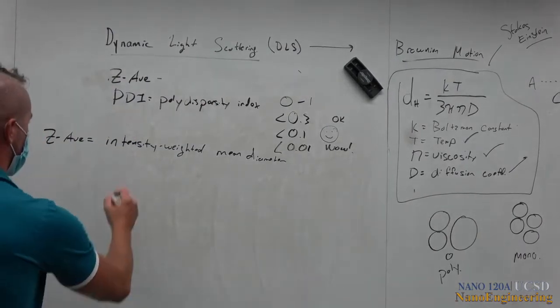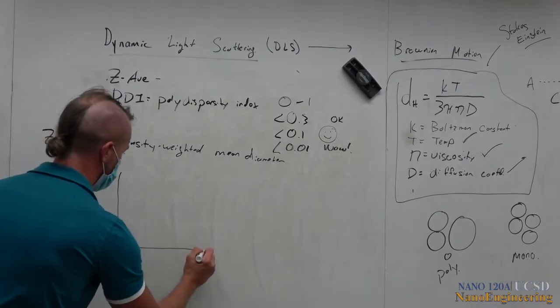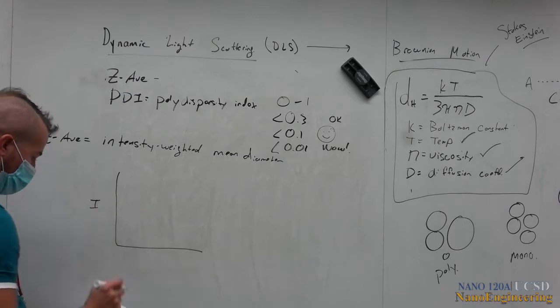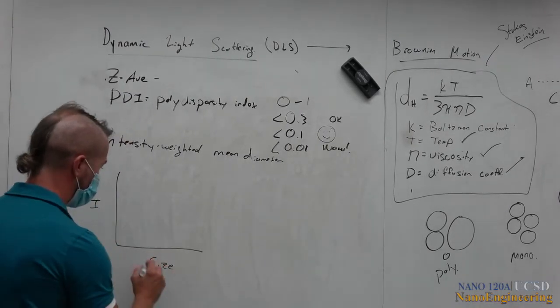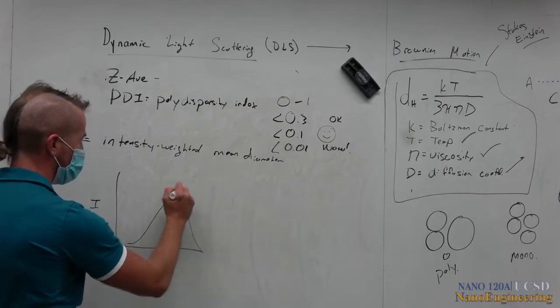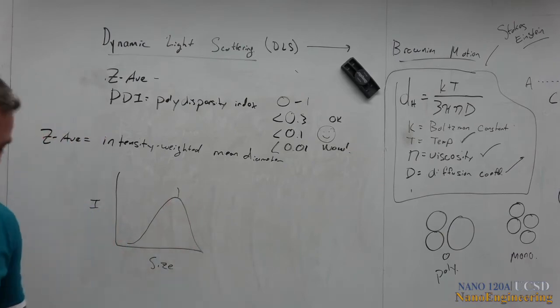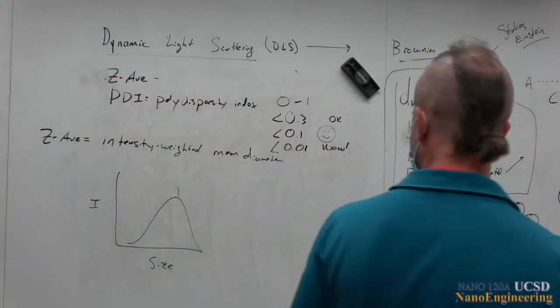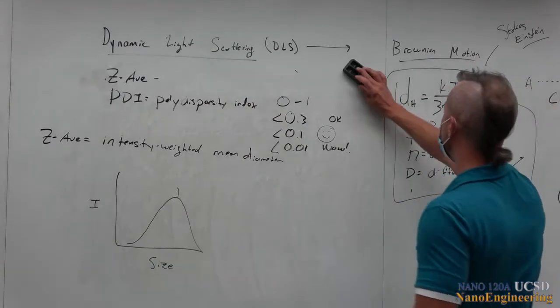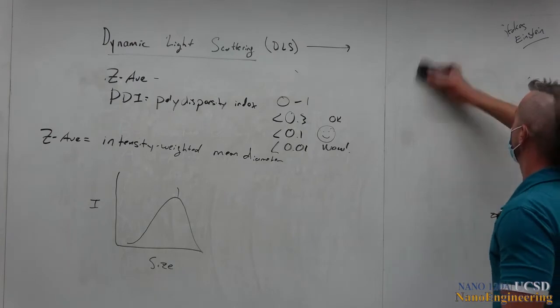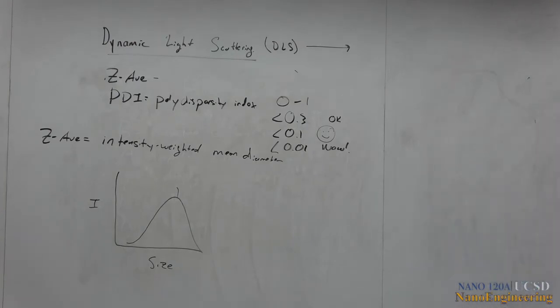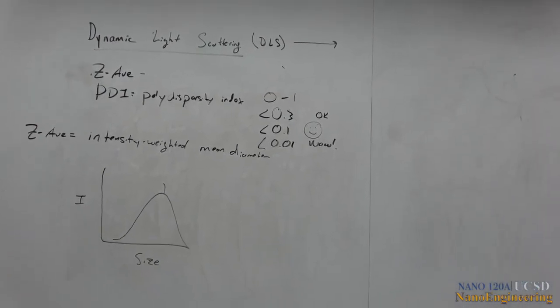Meaning that if you use intensity to measure size, it's that value in the middle. So the instrument actually will give you several ways of showing the data.